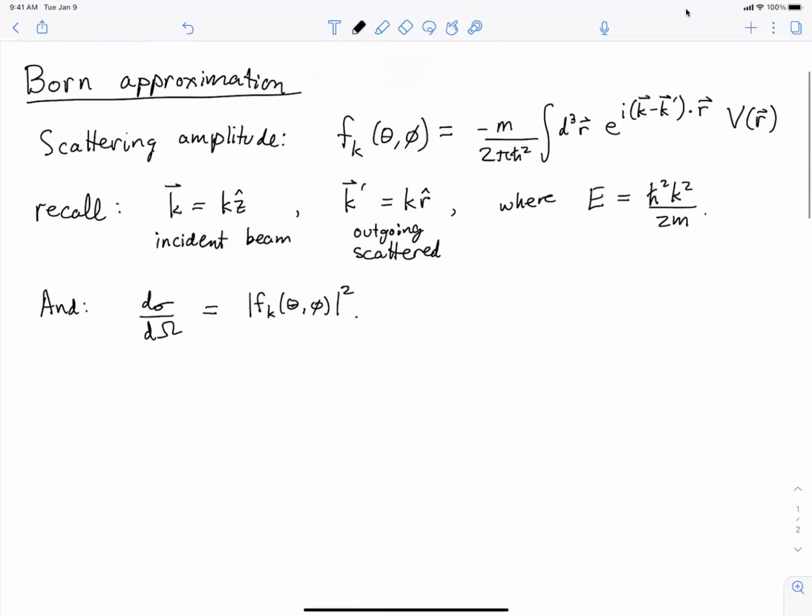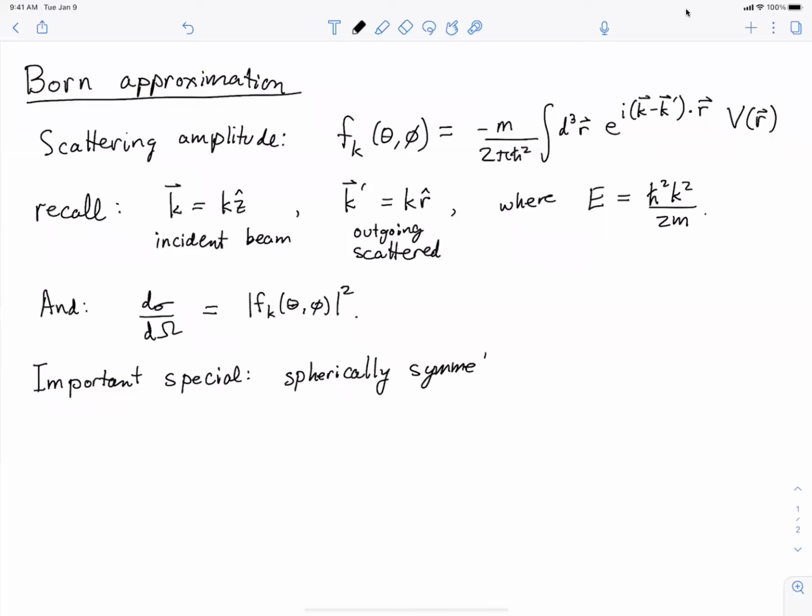And so one important special case, you'll also get to do an example for homework. In fact, all the examples we will do will have this special case: what happens if you have a spherically symmetric potential. That means our V as a function of r is actually only a function of the radial coordinate.